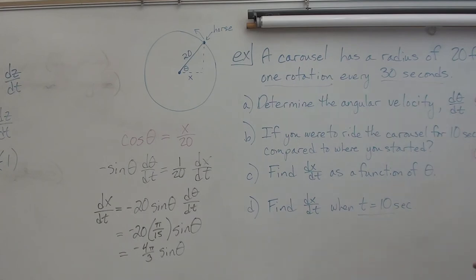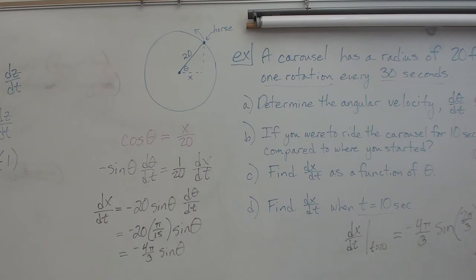So for part D, your dx dt at t equals 10 is negative 4 pi thirds times the sine of 2 pi thirds. What is the sine of 2 pi thirds? Root 3 over 2. Positive or negative? Positive.